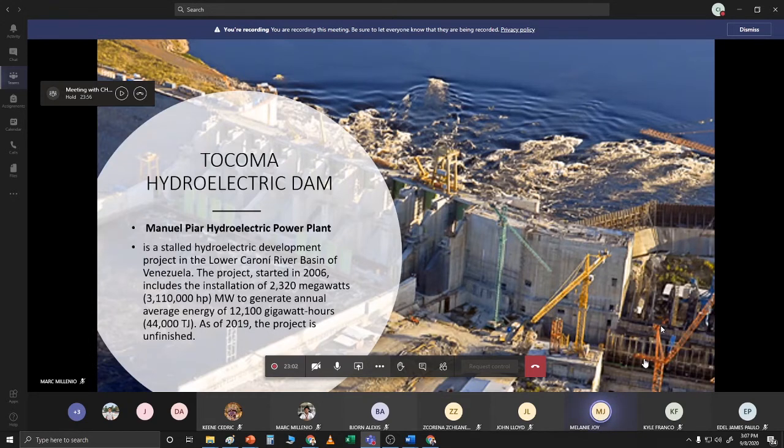Sige. Sunod po ay Tacoma Hydroelectric Dam. Ang tunay niya pong pangalan ay Manuel Piar Hydroelectric, is a stalled hydroelectric development project in Lower Caroni River basin of Venezuela.